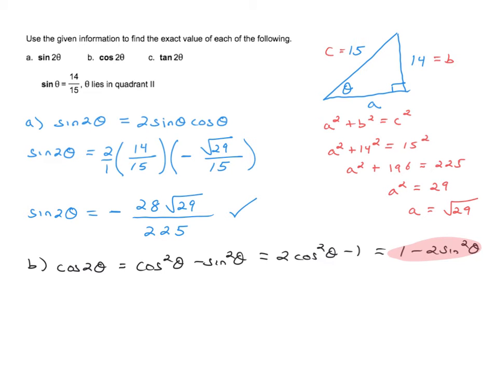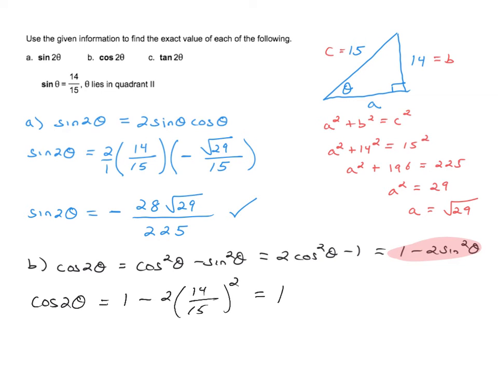My reasoning for this is, well, we were given what sine of theta is. It's 14 over 15. This is much simpler than the value for cosine. It doesn't have a square root in it. So I'll put 14 over 15 here and simplify this to get my answer. That is, cosine of 2 theta is equal to 1 minus 2 times 14 over 15 squared.